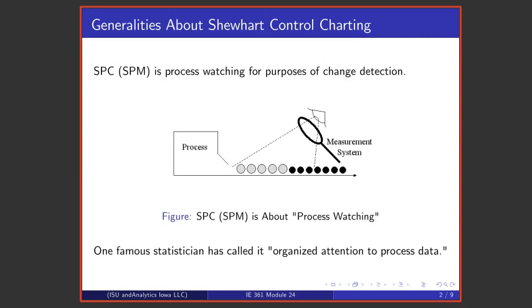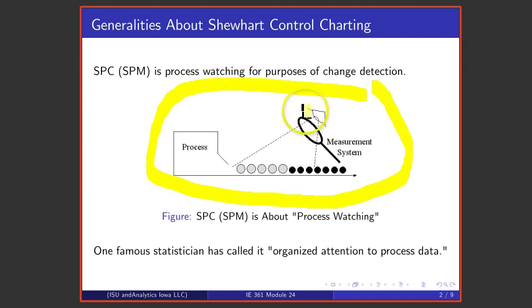The picture of what we're going to discuss here is one that one might think of in this cartoon way. Here's an eyeball watching what's going on in a process through some kind of a measurement system. A measurement system functions as one's eyeglass or one's magnifying glass for watching what's going on.